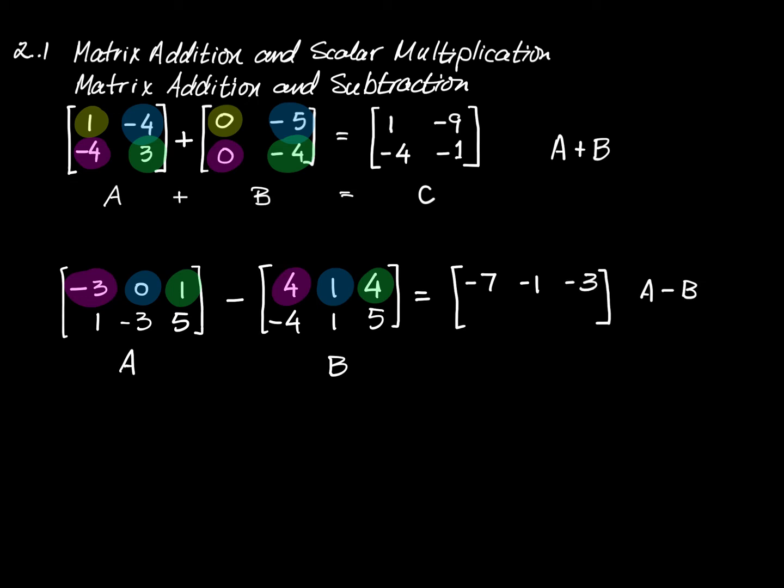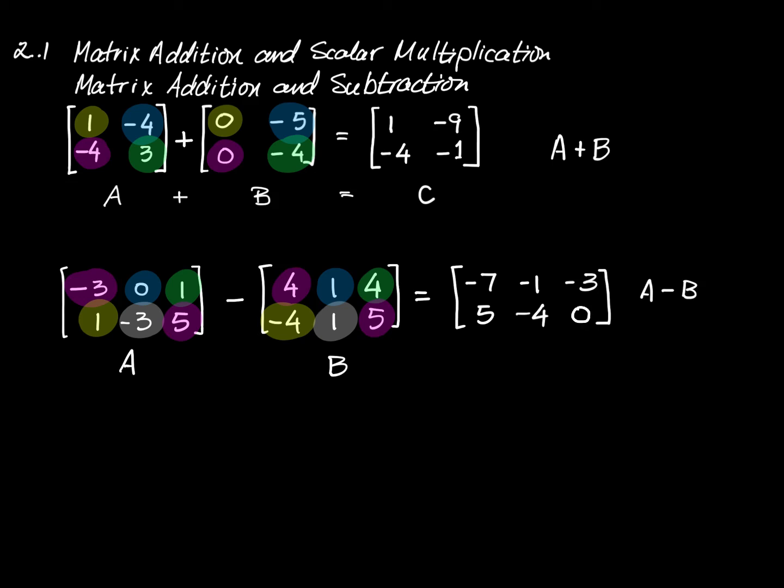And then I'll go down to the second row, and I've got second row, first column, 1 minus -4, that's 1 plus 4, so I've got 5. And I've run out of colors. I'll use my gray highlighter here. Not very interesting, but that's okay. Second row, second column, -3 minus 1, so I get -4. And for the last one, I have second row, third column in the first matrix minus second row, third column in the second matrix gives me 5 minus 5, which is 0.